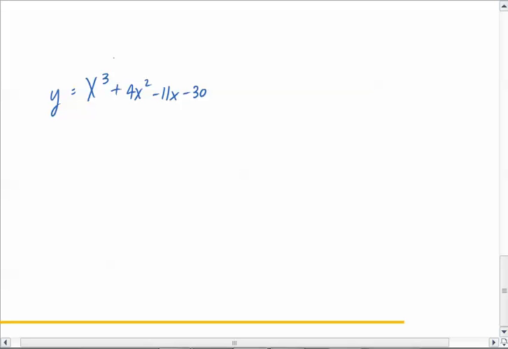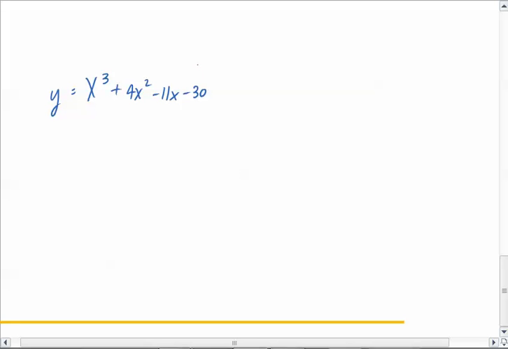So what I need is a couple of little tricks up my sleeve so that I can get started with some of the actual zeros of the function. Okay? So let's take a look at what we can do.